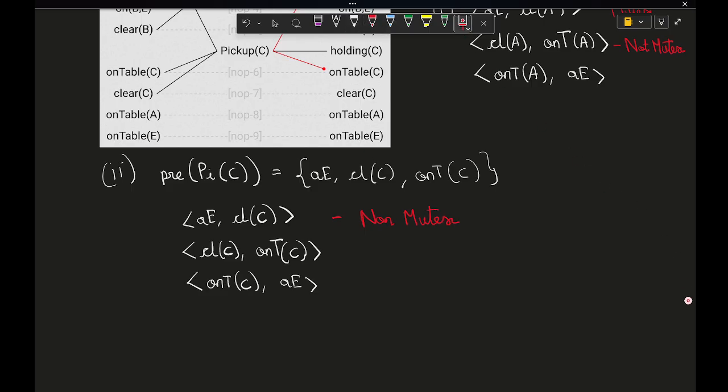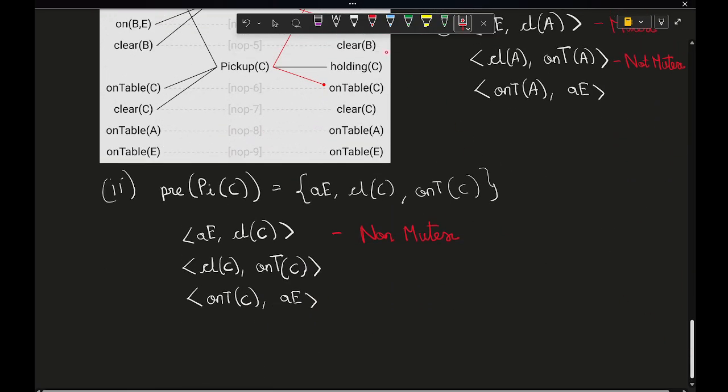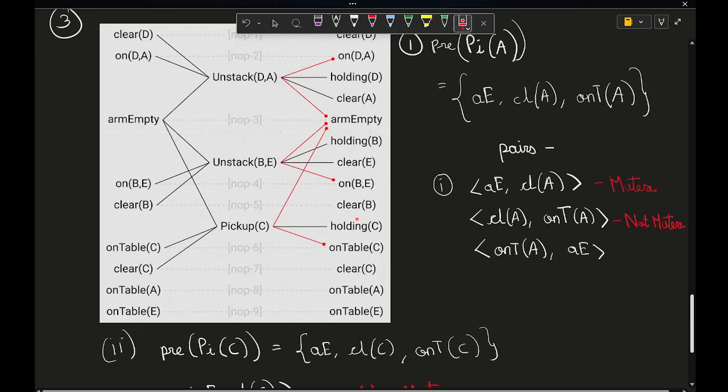So the next one is clear C and on table C. Again, these two are non-mutex. Because what I'm doing is that I'm just comparing the two actions who generate these two propositions as their positive effect, and I'm just seeing whether these two actions are mutex or not.